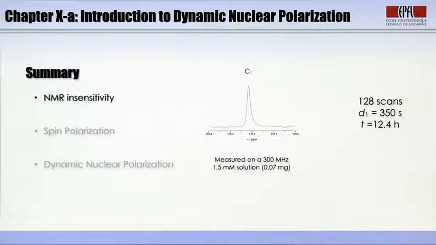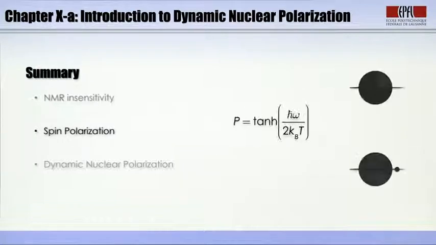In summary, we have illustrated how insensitive NMR is. We have described the spin polarization and explained why the sensitivity is directly related to this polarization, and we have shown that this polarization is very low in conventional NMR conditions.